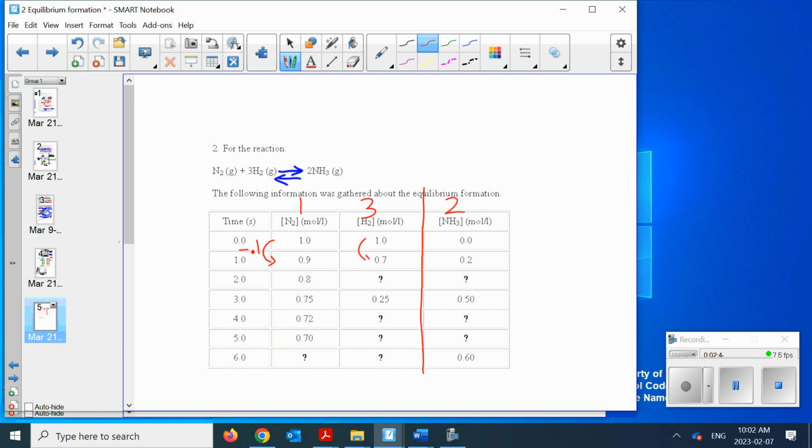Minus 0.3. 1 minus decimal 2. If the left side is going down, the reaction, that must mean products are being produced. So this is going up, and it's a 1 to 2 ratio between N2 and NH3. So then it is going up by 0.2.